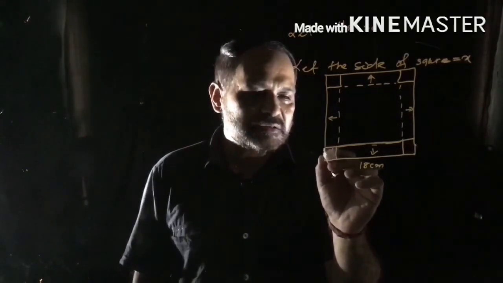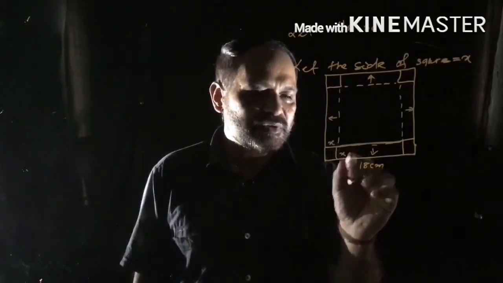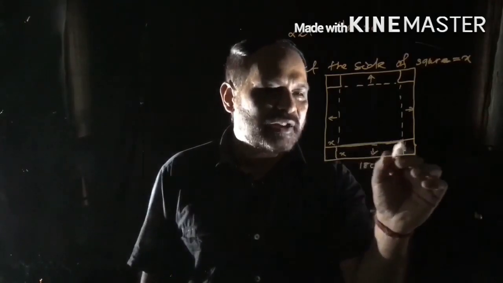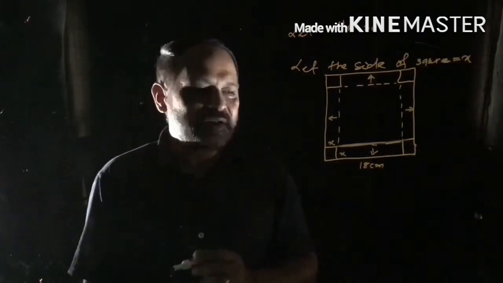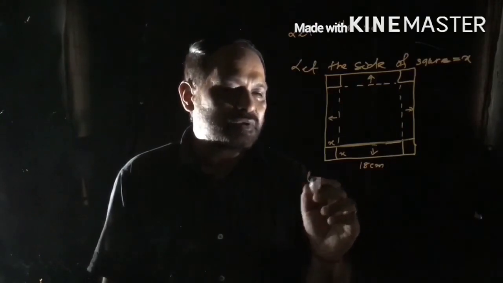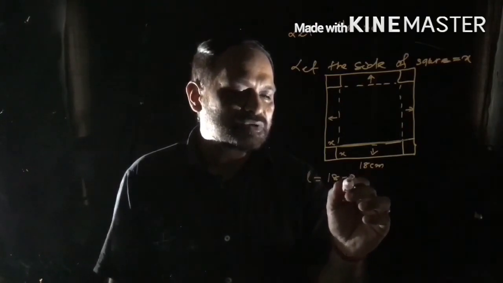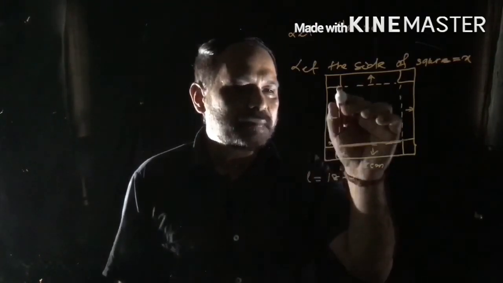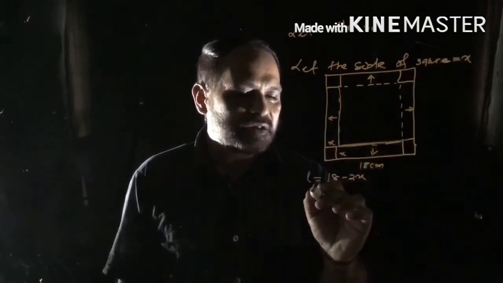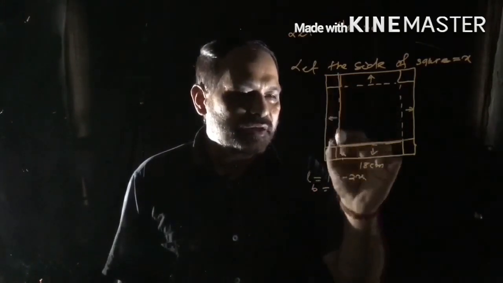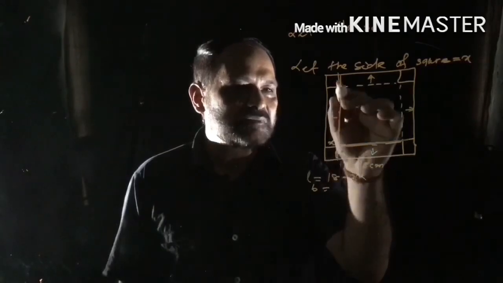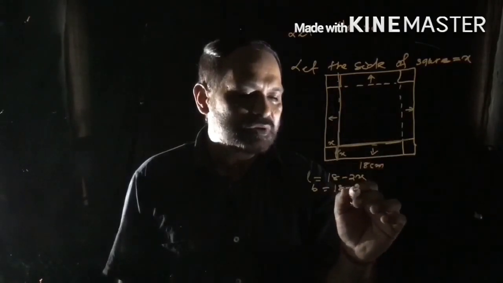Then this is x, this is also x. So what is the length? Length is equal to 18 minus 2x. What is the breadth? Breadth is also 18 minus 2x.